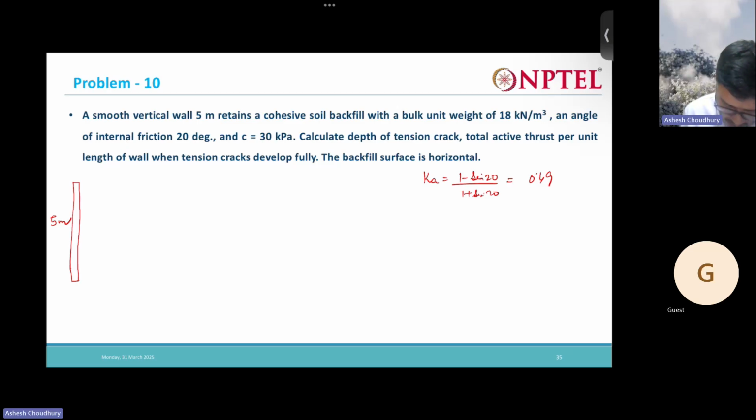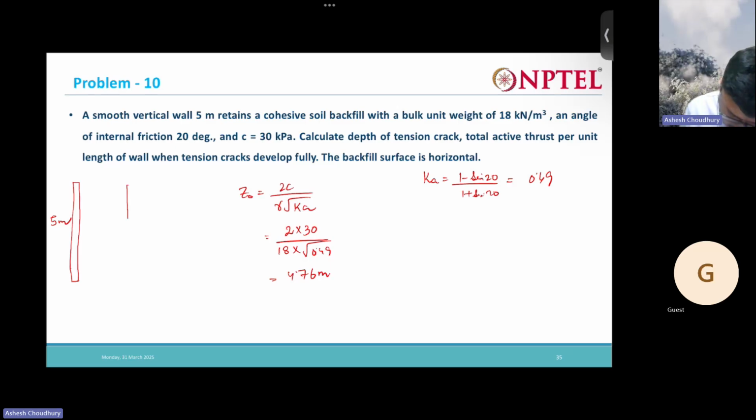Now, what is my Z naught here? My Z naught is 2c over gamma root Ka, which is 2 times 30 over 18 times 0.7, which will come out as 4.76 meters. So almost all of the 5 meter. That's a little bit just remaining.